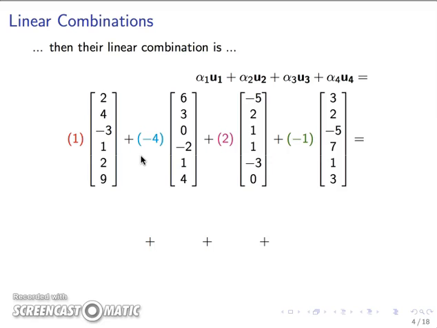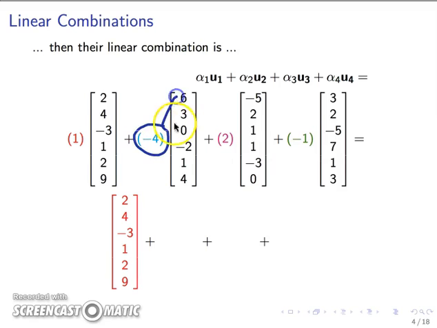When we carry out the first scalar multiplication, we multiply every value in that column vector by the value of that scalar. So the first operation looks like this. On the next operation, we're going to multiply every value by -4.